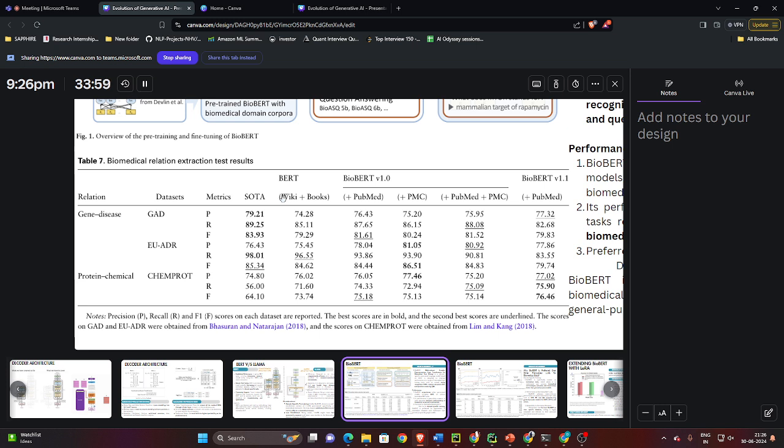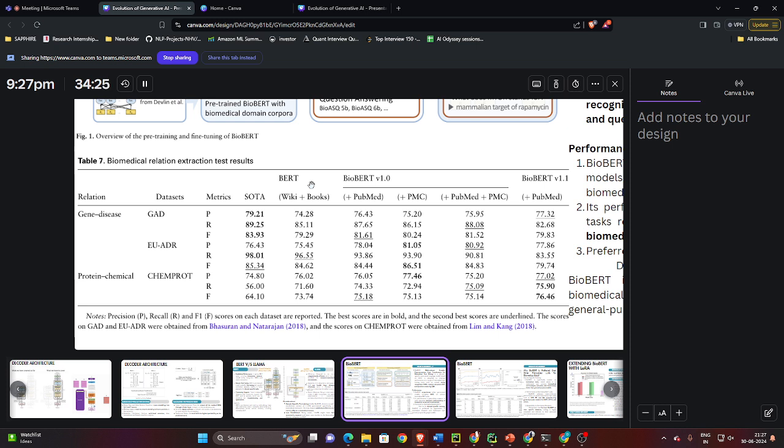Precision, if you remember the confusion matrix from our machine learning classes, is essentially the true positives divided by the true positives plus false positives. The question I'm asking is: for gene-disease relation, when an input text is given, how is it defining whether a gene-disease relation exists or not?